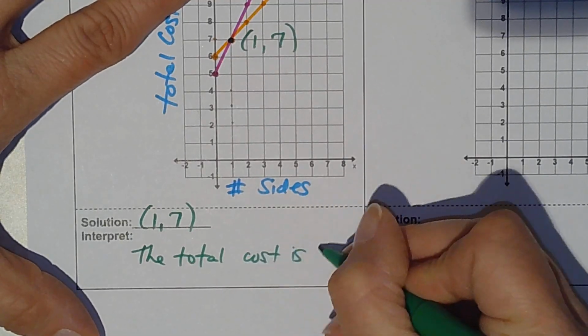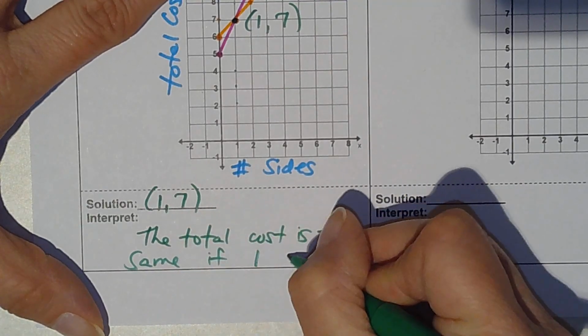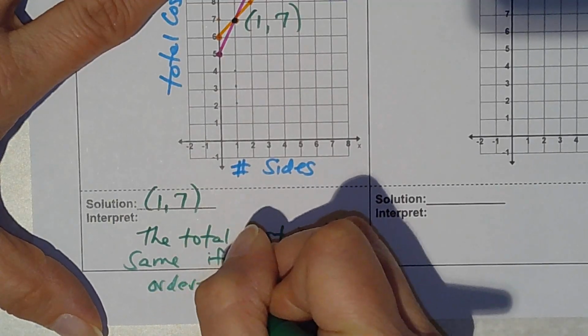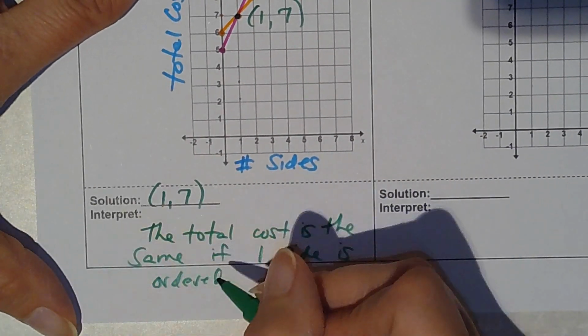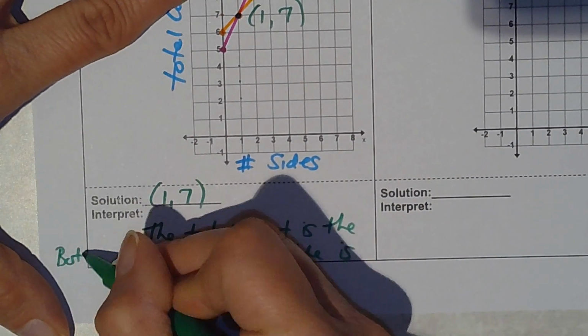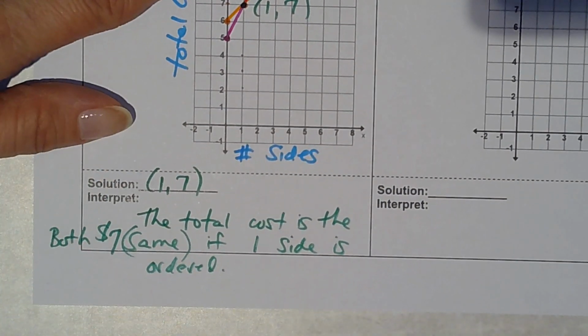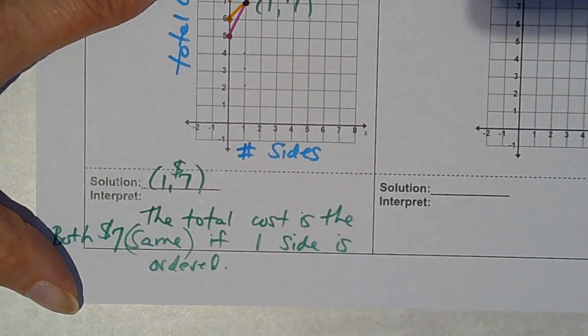The total cost is the same if one side is ordered. And what is the total cost? The total cost is, I should say both $7. They're both $7 when you order one side.